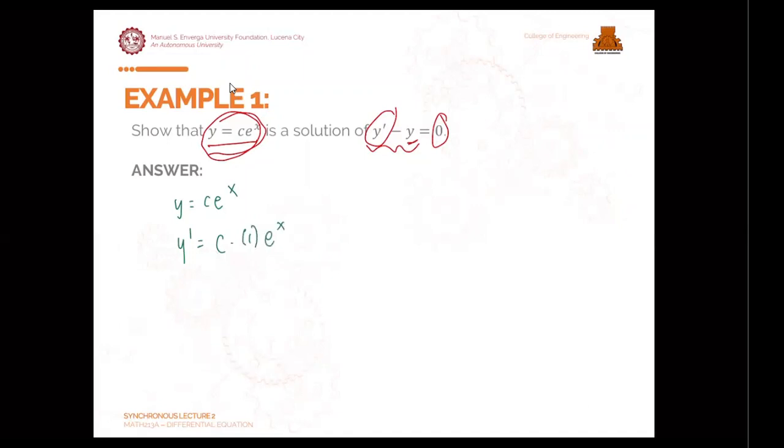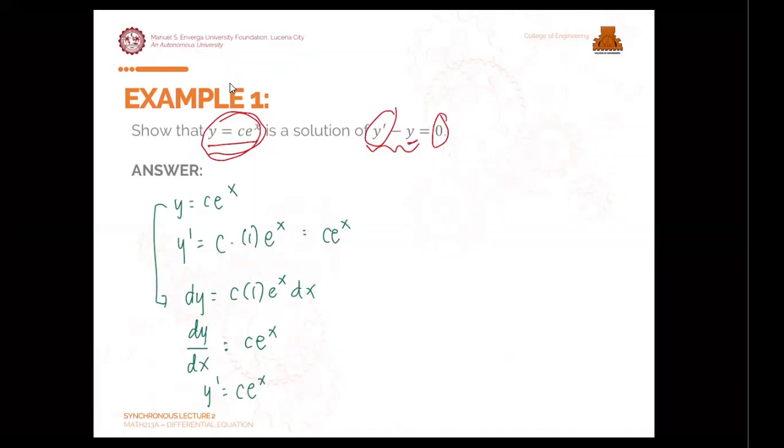So, ito hindi ko na nilagay na dx dito kasi naka-y prime na ako dito. Pero kung strictly speaking again, ito magiging dy equals to c times 1 e to the x dx. Okay? Tapos magiging dy over dx is equals to c e to the x. Or y prime is equals to c e to the x. So, same lang siya. Okay? Baka lang kasi may nagtataka ba't maging ganun yung solution.